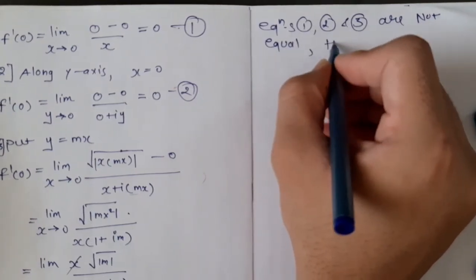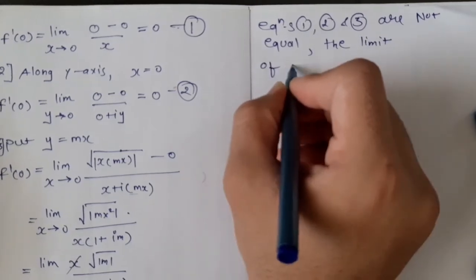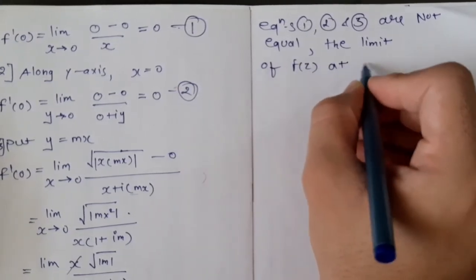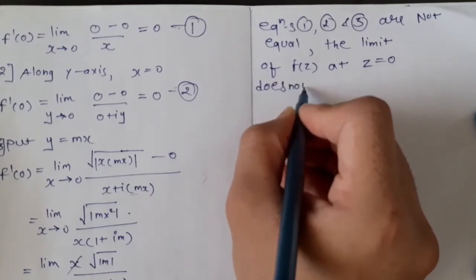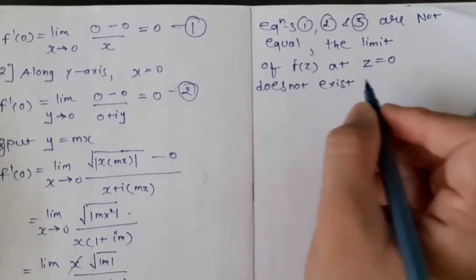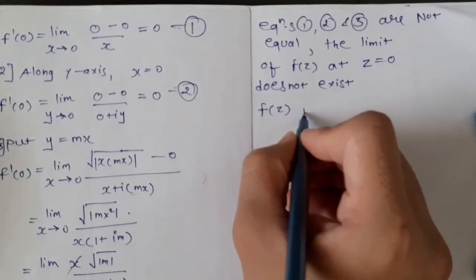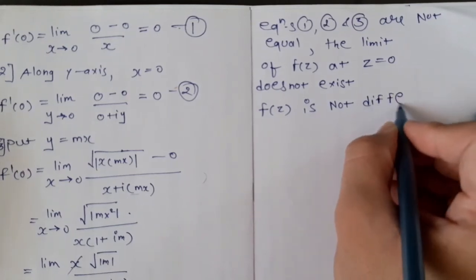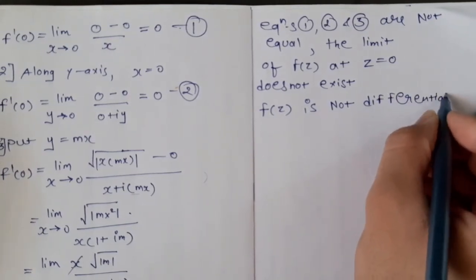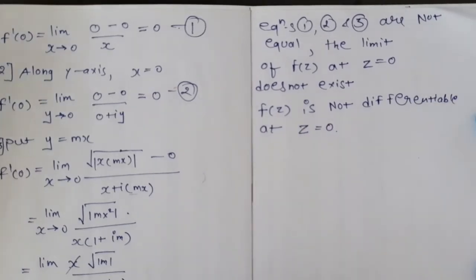That means the limit of function f of z at z equal to 0 does not exist. Now as the limit does not exist, the function f of z is not differentiable at z equal to 0.